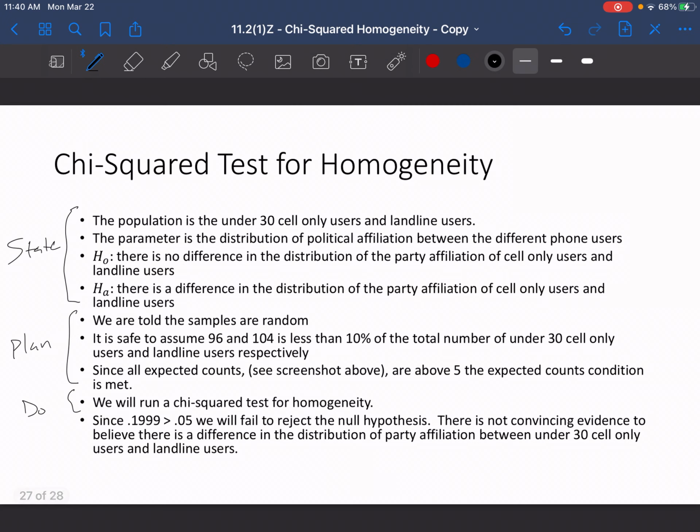And then we would check to see, since 0.1999 is greater than 0.05, we would fail to reject the null hypothesis, and there's not convincing evidence to believe that there is a difference in the distribution of party affiliation between under-30 cell-only users and landline users. That represents our conclude portion.